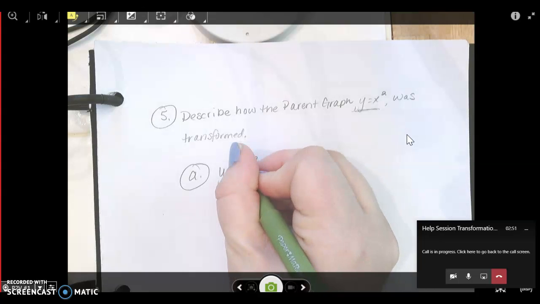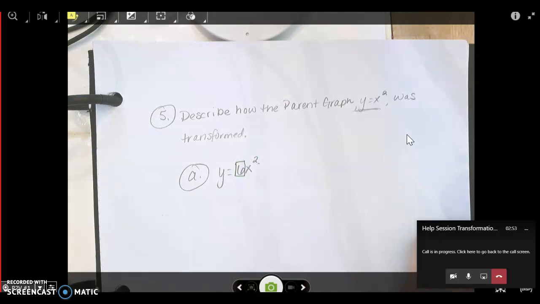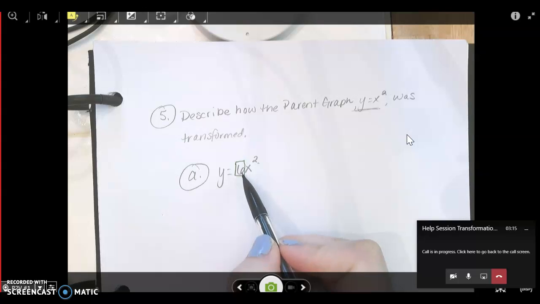So this is a little bit different. When you are multiplying in the front of the equation, that means it's going to be either a vertical stretch or a vertical shrink. A vertical stretch is when A is greater than 1. This is representing A. So when this number is greater than 1, it's a vertical stretch.